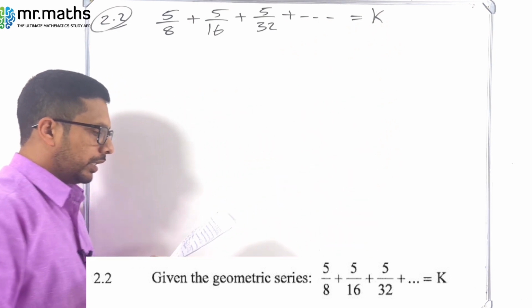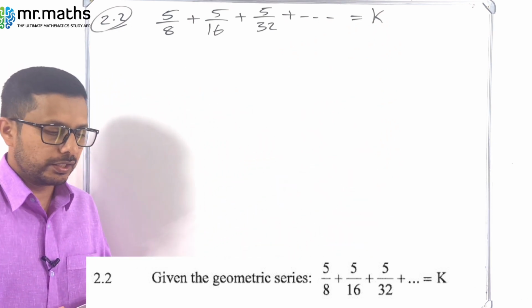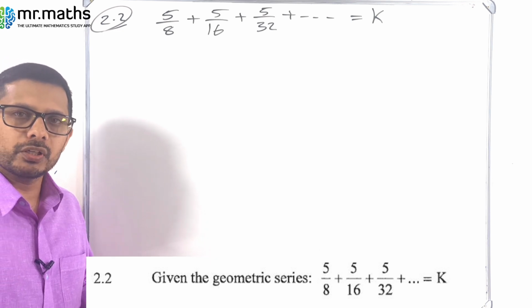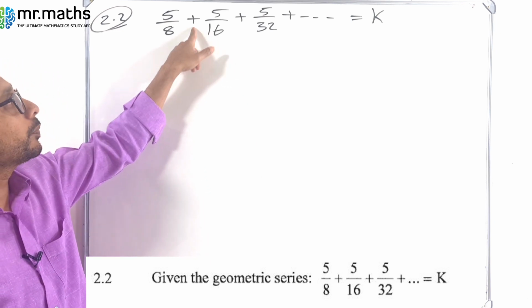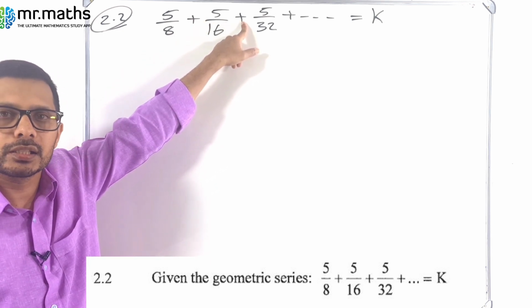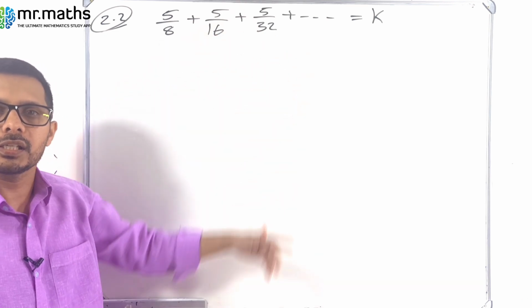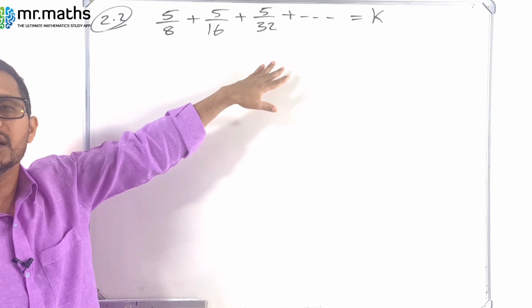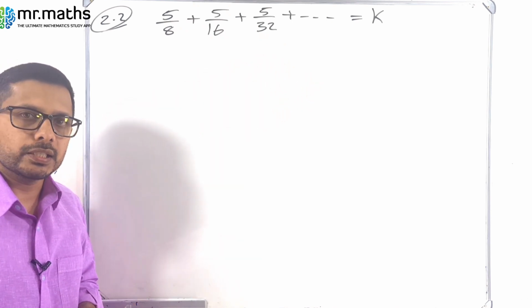So there is a geometric series given, series not sequence. What is the difference between sequence and series? When here it is plus like this, that is a series, and the other one is comma comma, that's a sequence. Okay, so the one given is a geometric series.